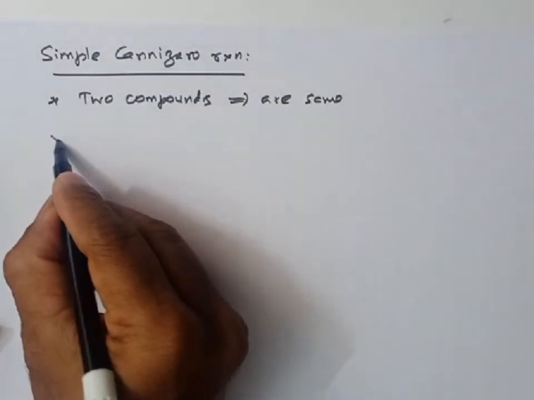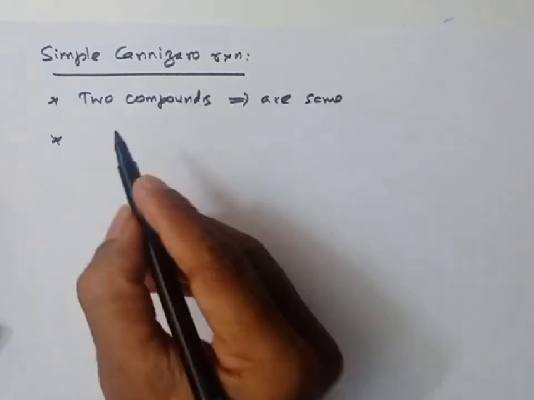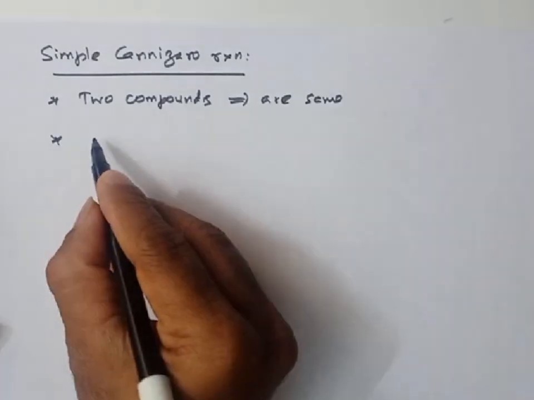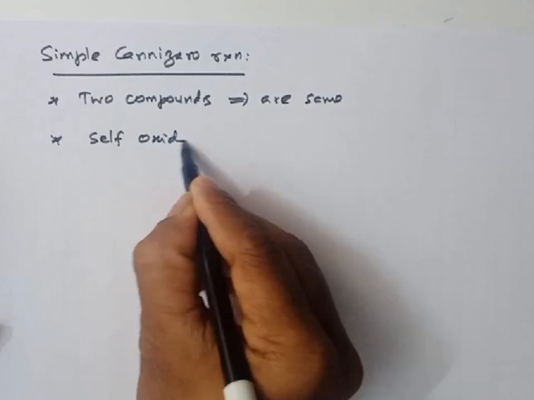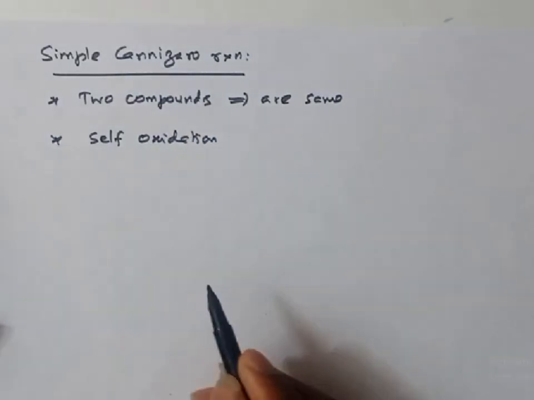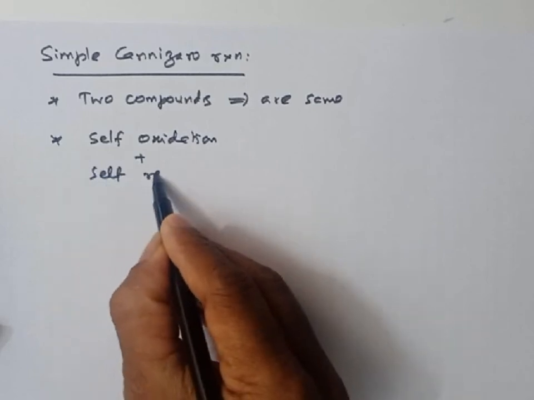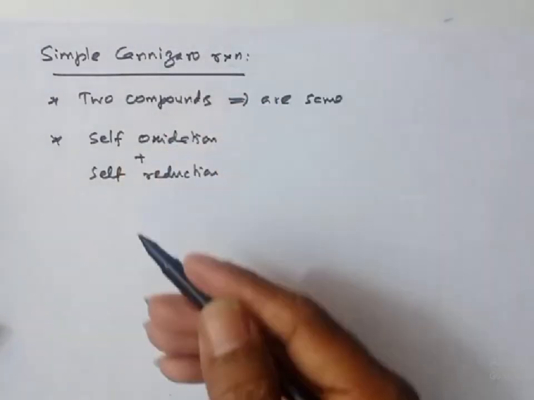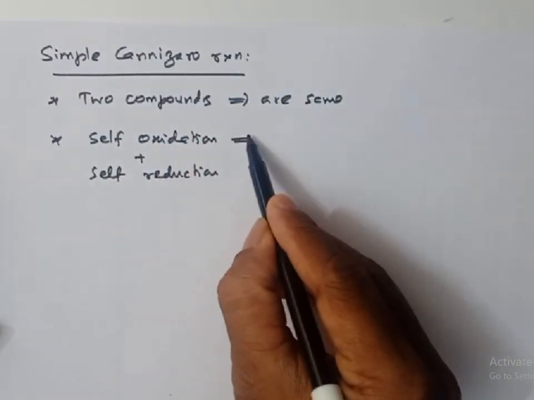In Cannizzaro, students observe carefully, one compound will undergo oxidation and the other compound undergoes reduction. So here self oxidation will occur, and self reduction also occurs.